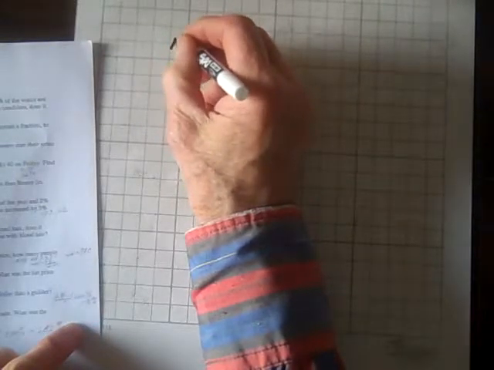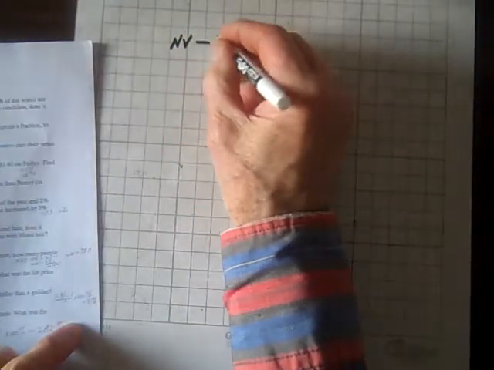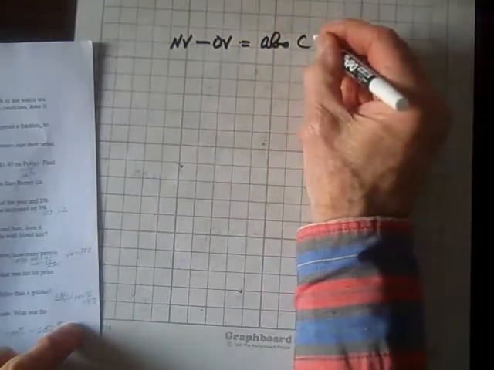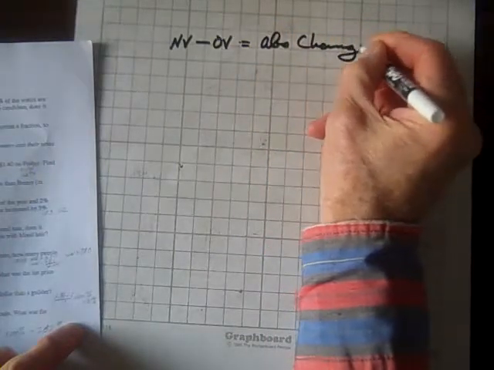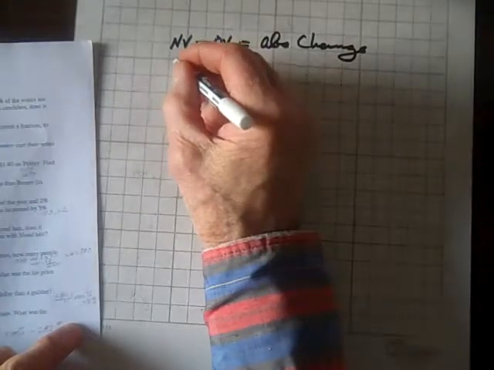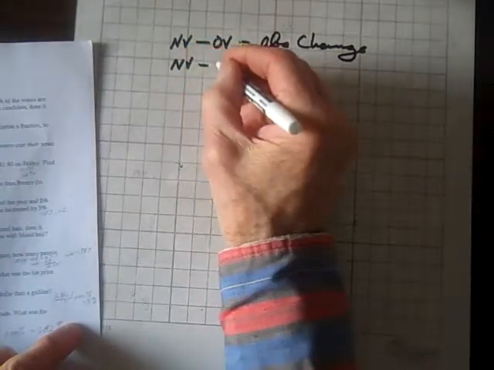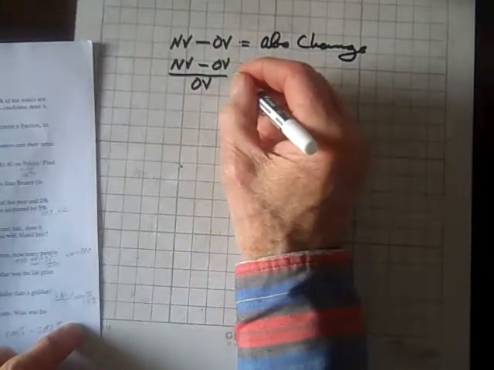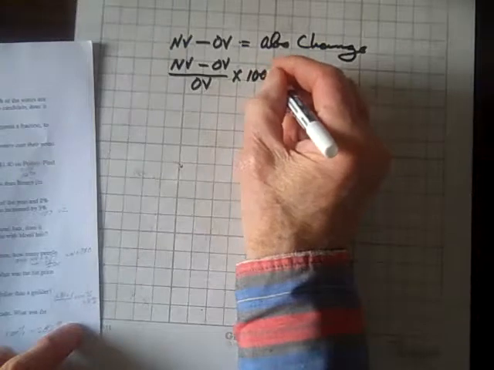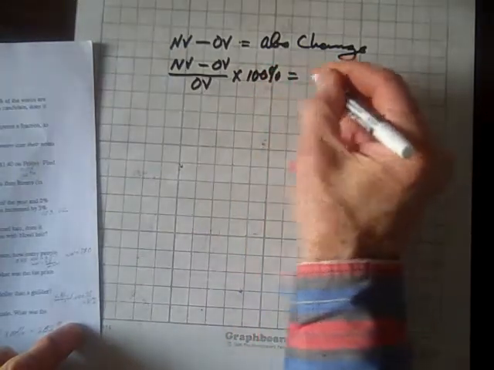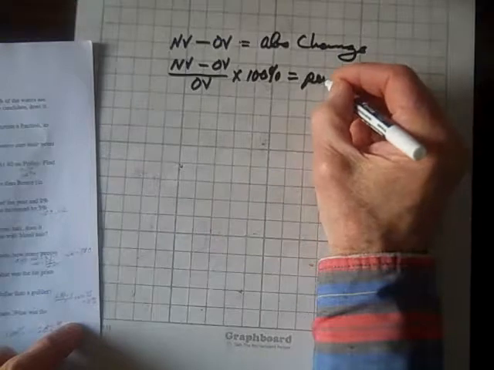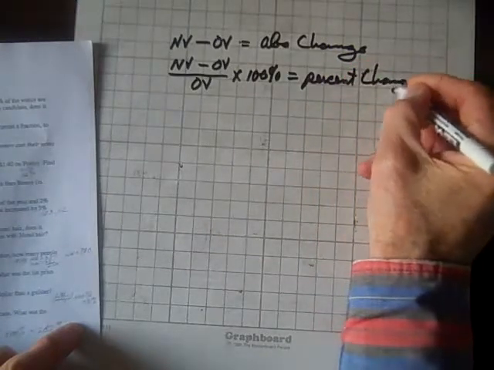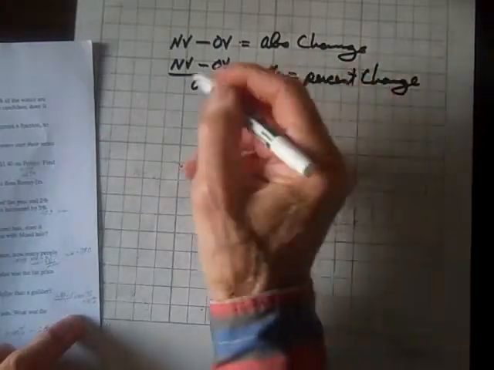The new value minus the old value is the absolute change. And to find the percent change, the new value minus the old value divided by the old value and times 100% is the percent change. Very simple. Test questions here.